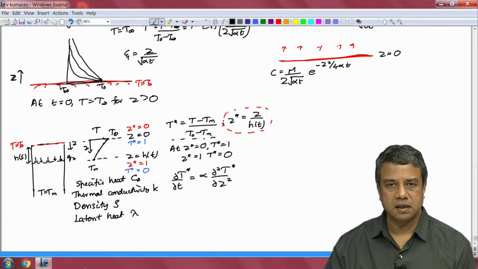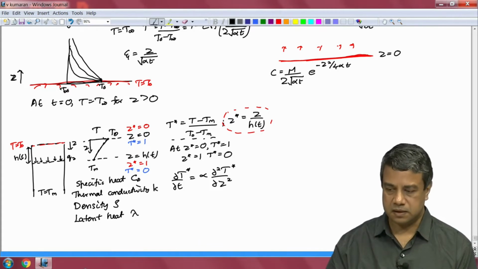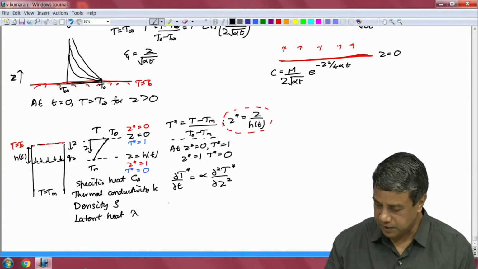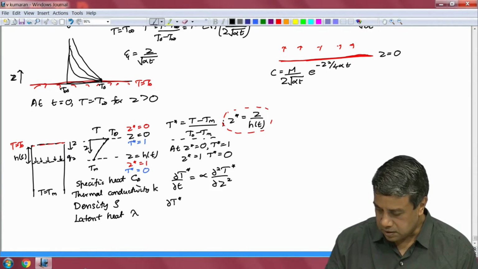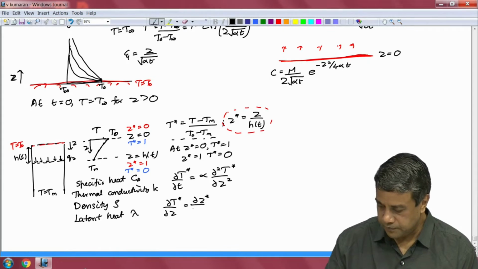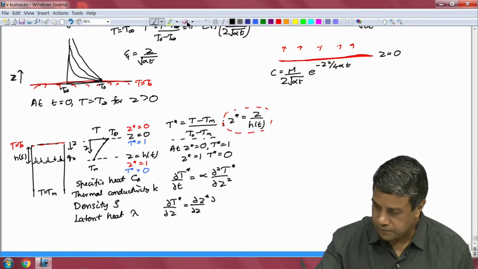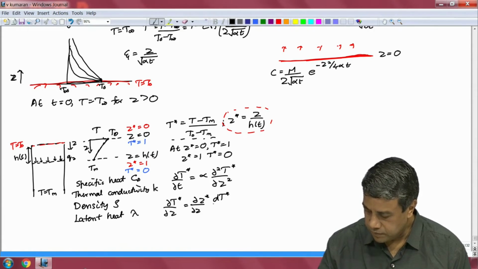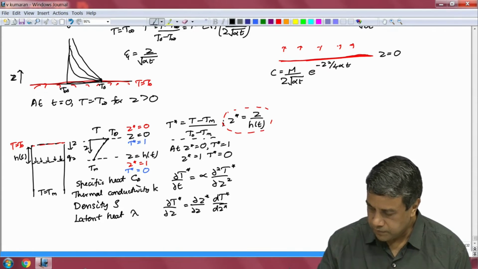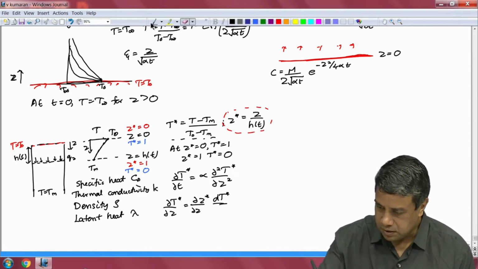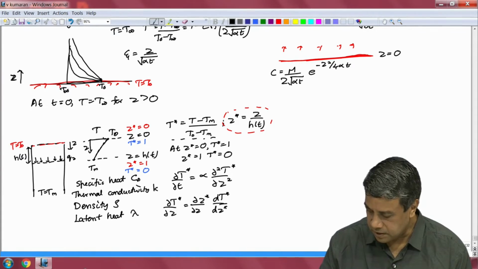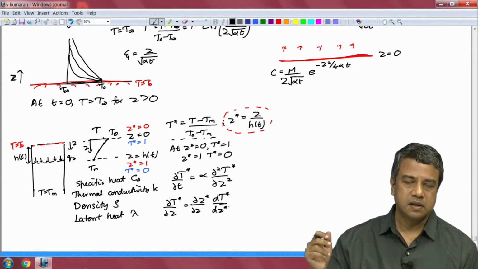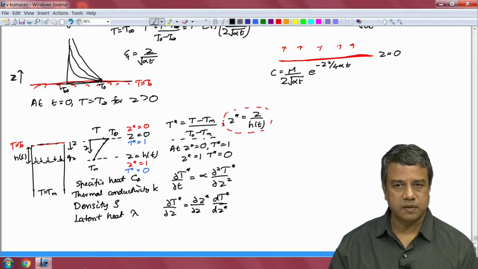Now, how do I get the equation in terms of the similarity variable z star? By using chain rule for differentiation. Partial T star by partial z is equal to the total derivative dT star by dz star times partial z star by partial z, the total derivative here because we are assuming that T depends on z and t only through its dependence on z star.